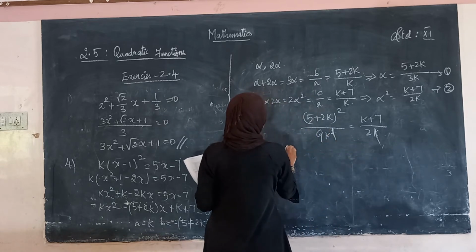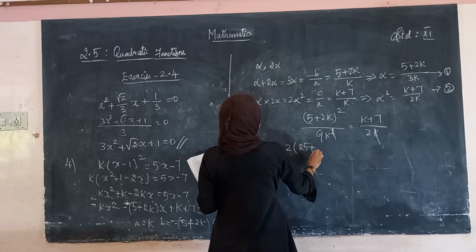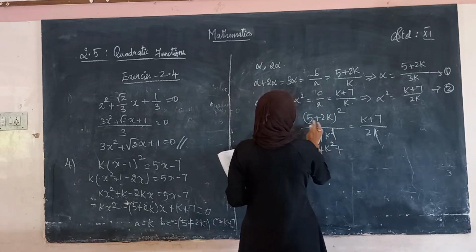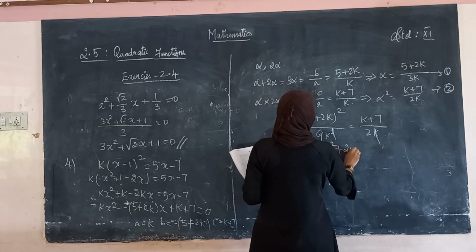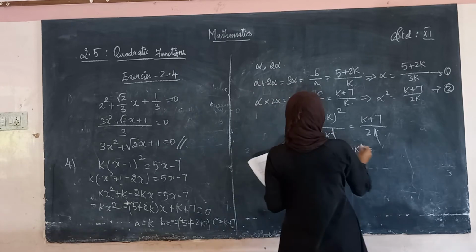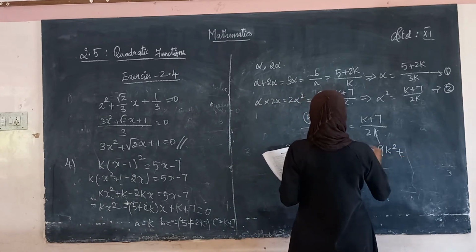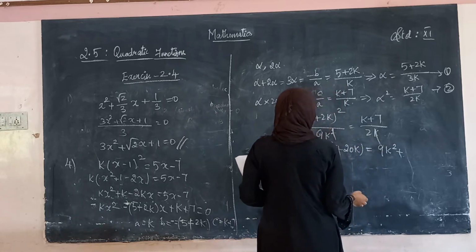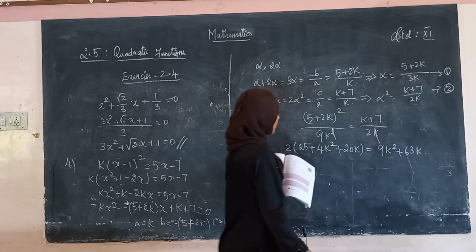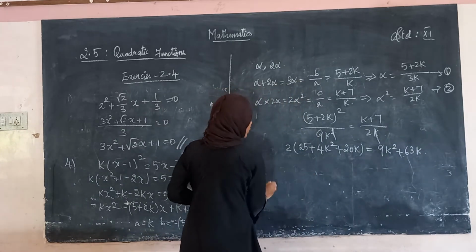Now cross multiplying, 2 into, expand this, 25 plus 4 into k square plus 5 into 2 is 10, 10 into 2 is 20k, is equal to 9k into k is 9 into k square plus 9k into 7 is 63 into k. Bring this to this side. So multiply everything with 2.